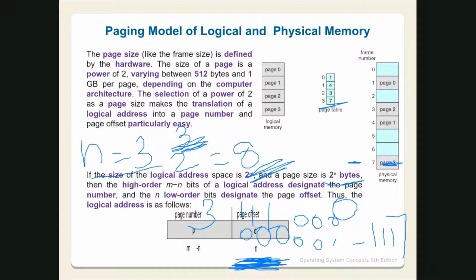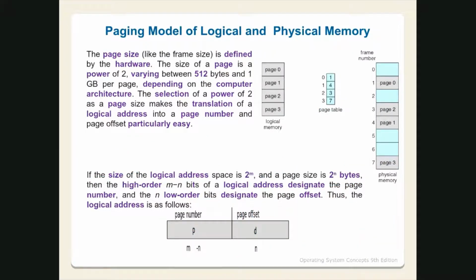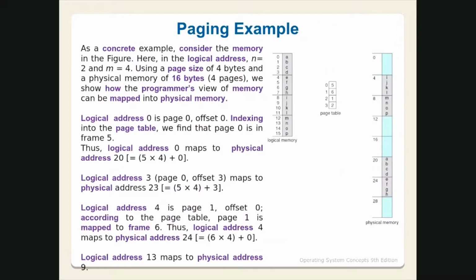I hope you understand this n, m, and the number of bits. I'll give a small exercise for this also. So this is about the paging model of the logical and physical.